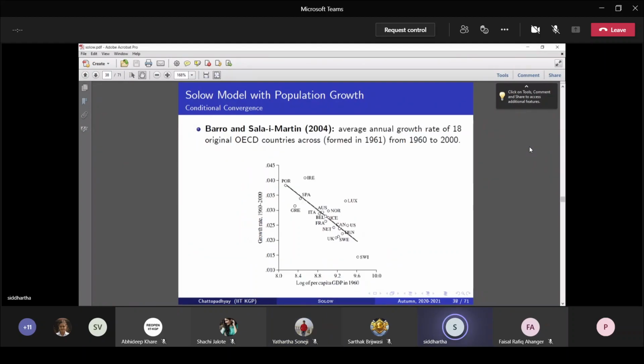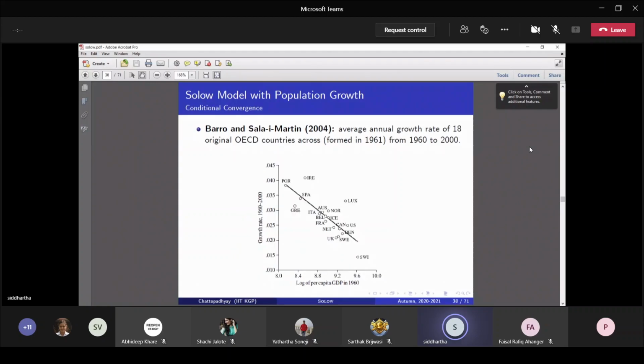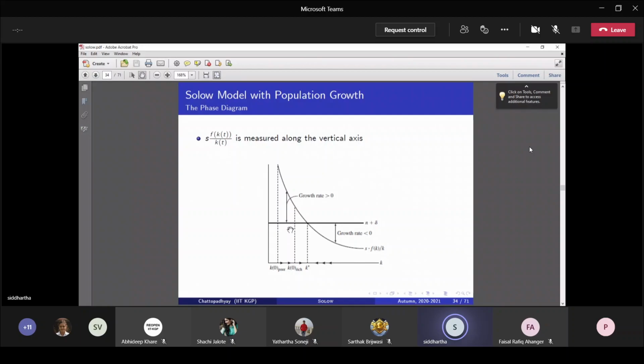So if you take the union, this is the figure, not getting satisfied. But if you take only similar countries, a homogeneous set of countries, it is getting satisfied. This is exactly what data says. But the Solo model, at least from this particular figure, says that poor countries are growing at a higher rate compared to the rich countries.